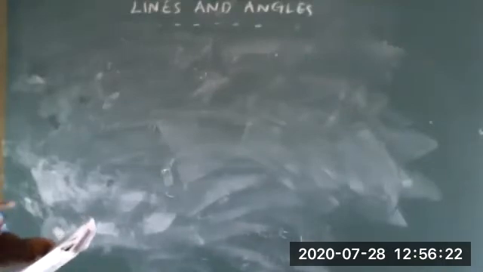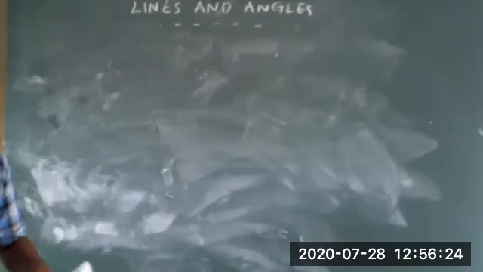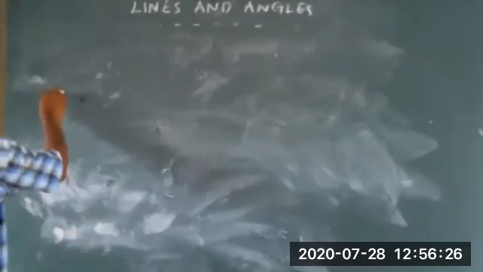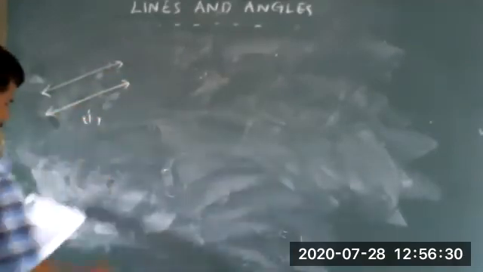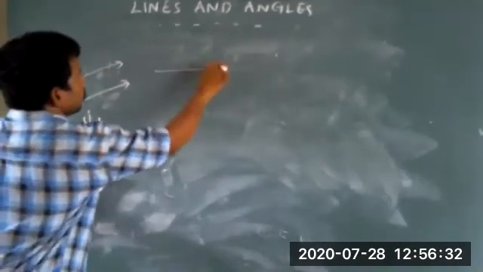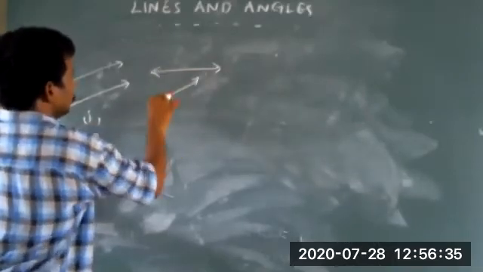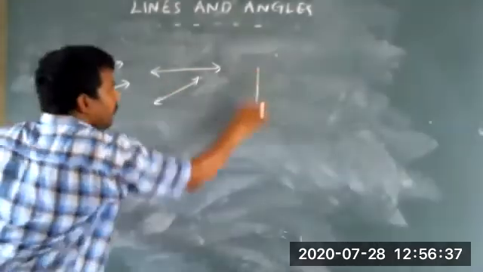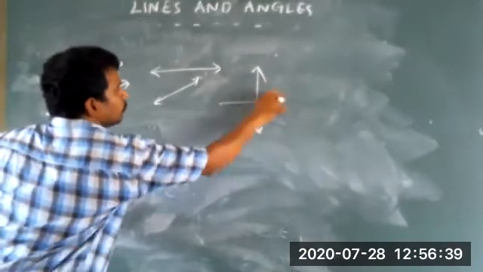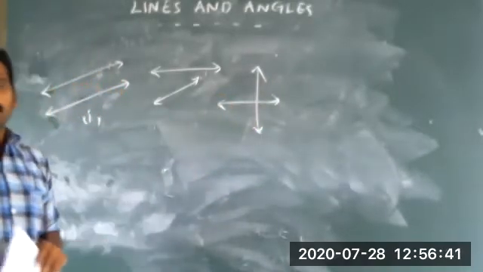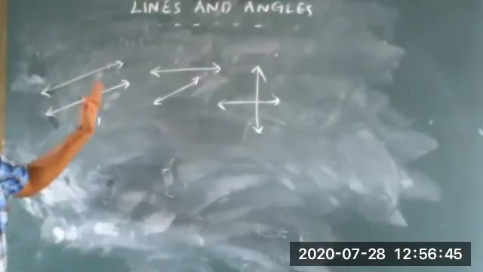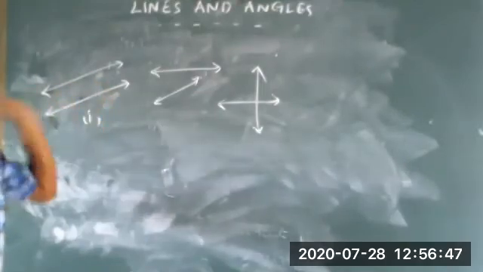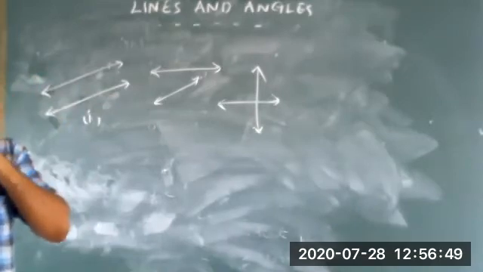In this problem, you have to find which pairs are parallel lines. The first diagram, the second diagram, and the third one are given like this. What about parallel? They do not cross each other at any point, so they are called parallel lines.